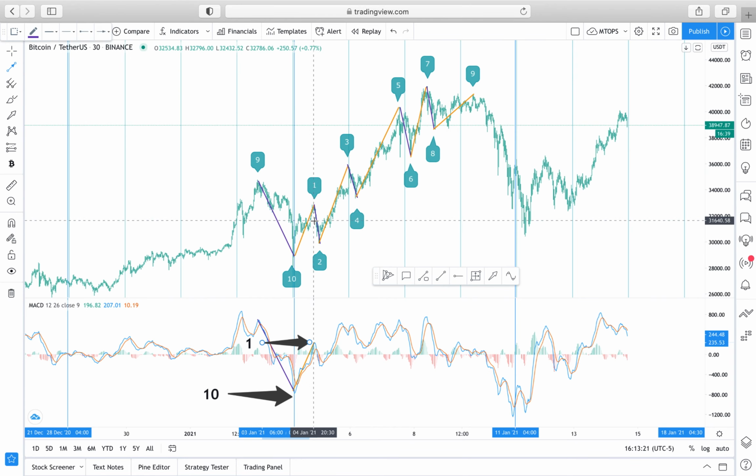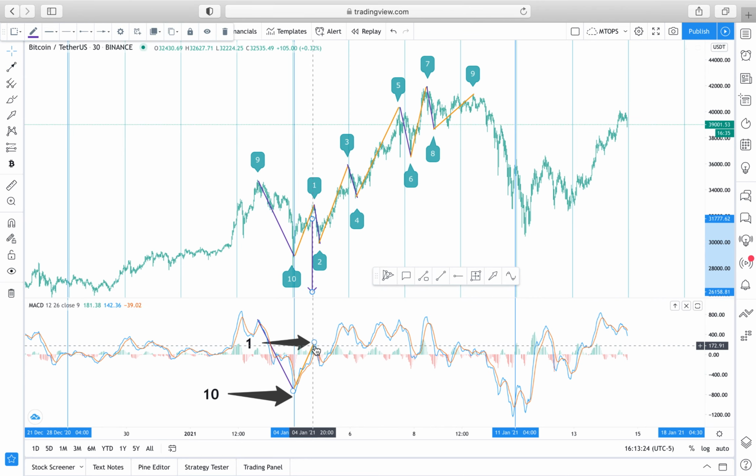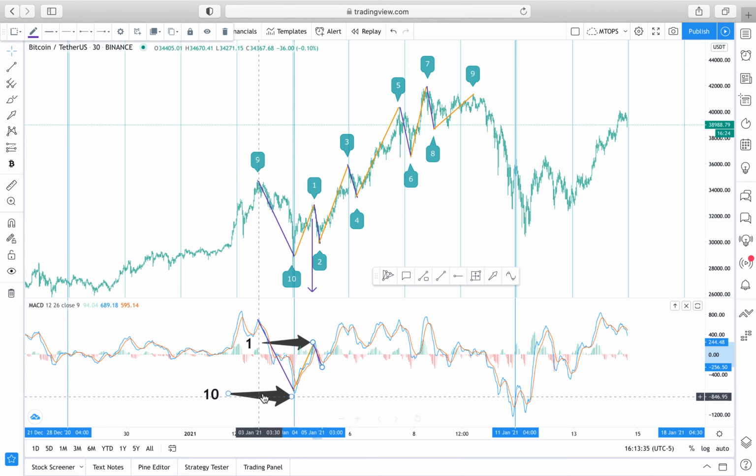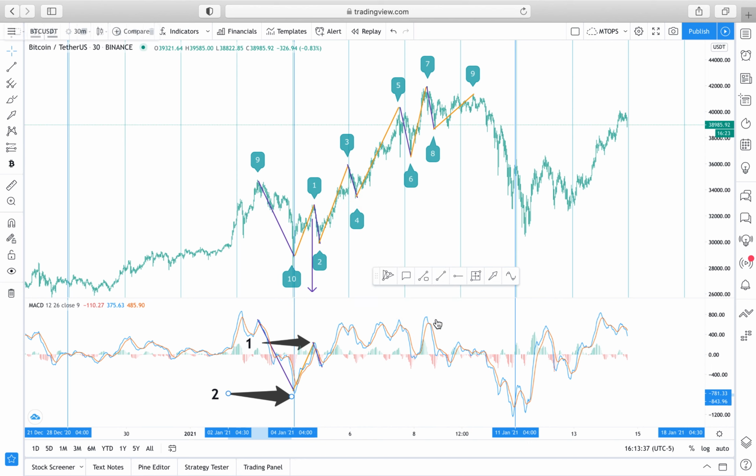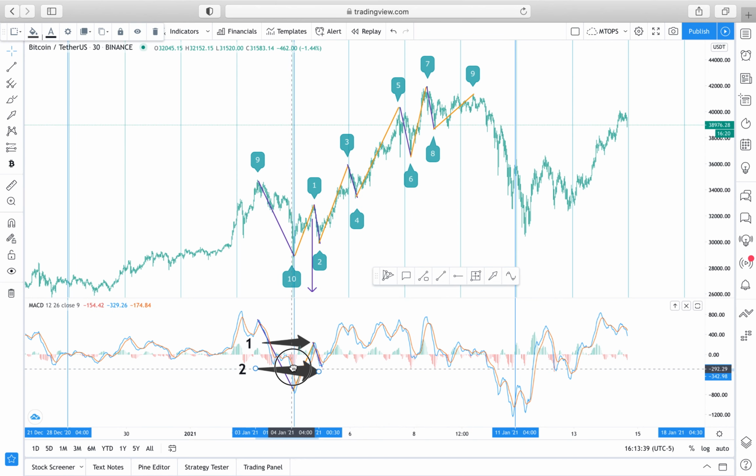I'm just going to show you guys a little bit clearer here. And magically, there's 1 as well. So let's go to the next turning point. Here is 2.